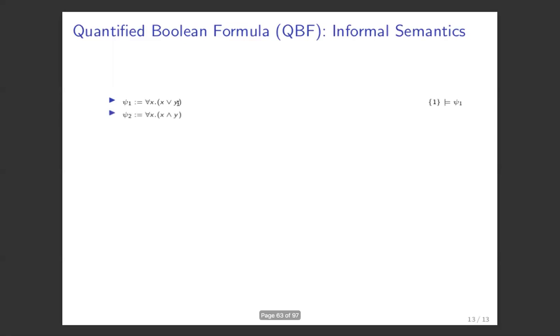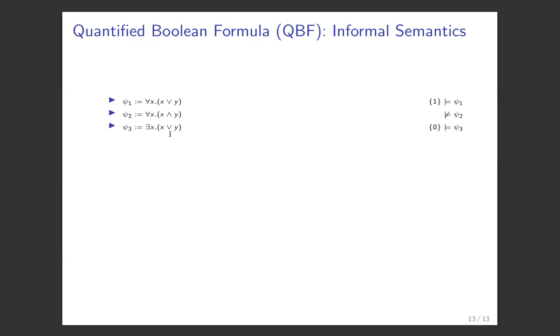Yes. That's the informal semantics, and that's how we will define things. How about this? No, it is not. So that's one. It is not satisfiable. Satisfied, obviously, because for all X is satisfiable, this is 2.